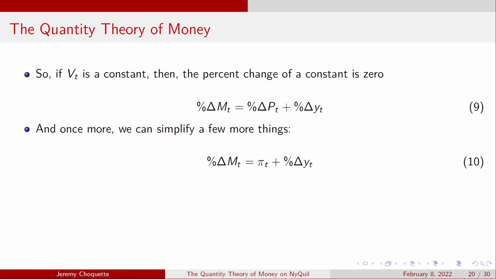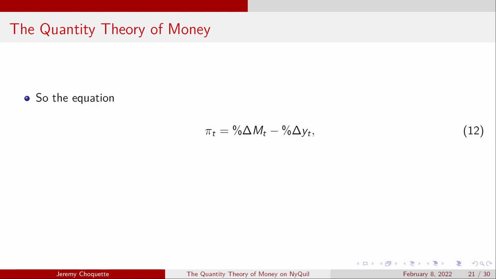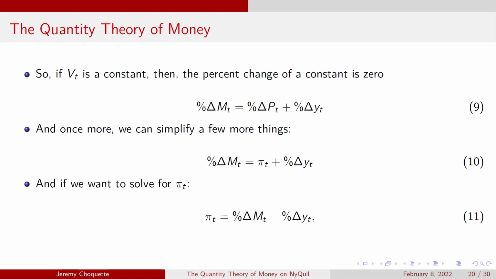Now I can simplify a few more things, and I can express the percent change in the price level as inflation. So the growth rate in the money supply equals inflation plus the growth rate in real gross domestic product. If I want to solve this for pi, for inflation, I get the percent change in money minus the percent change in real GDP is equal to the inflation rate.